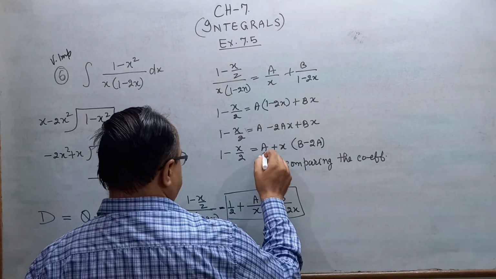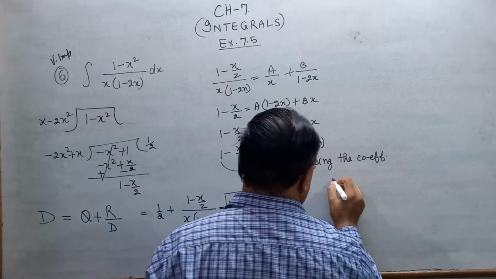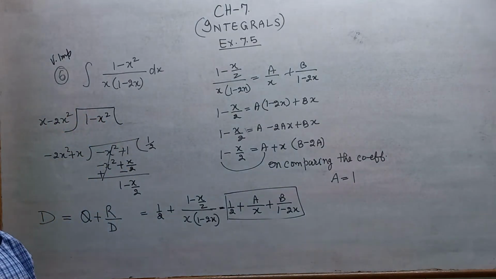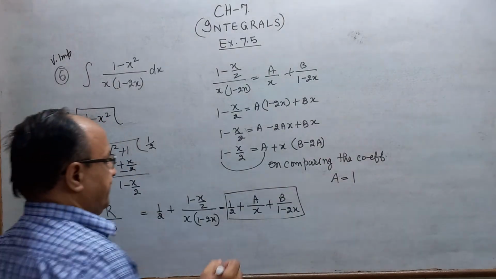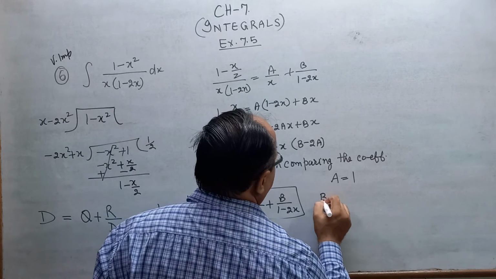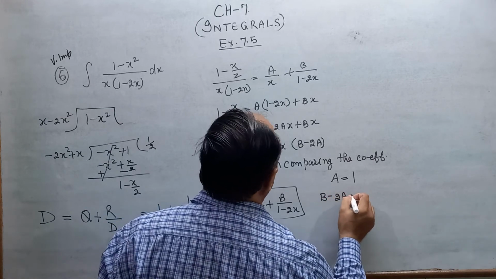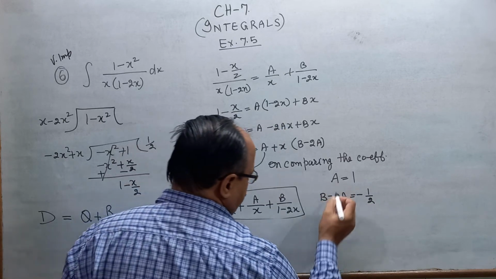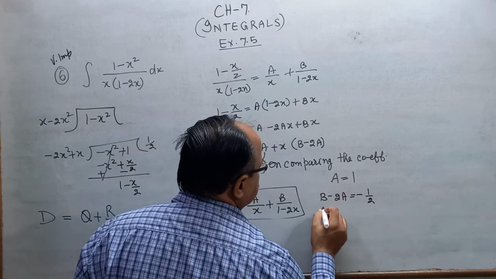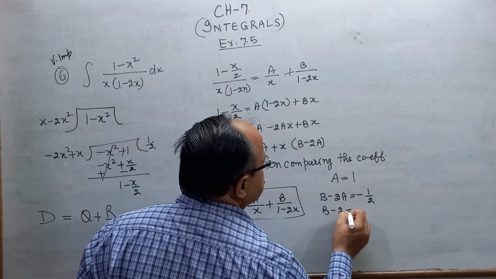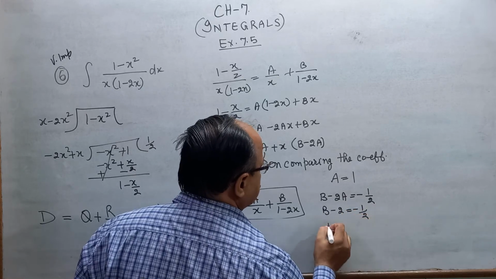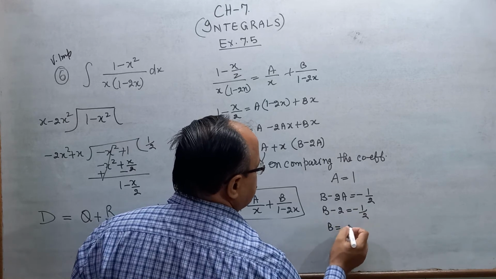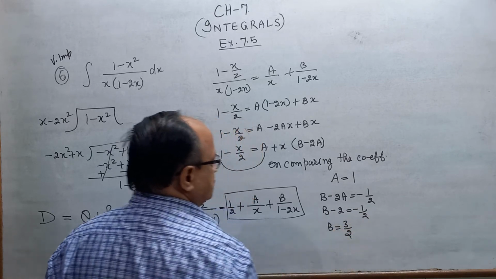Here the constant term is A and here it is 1. So you can say A is equal to 1. Now on comparing the coefficient of x, B minus 2A is equal to minus 1 by 2. Now put the value of A here: B minus 2 is equal to minus 1 by 2. Therefore B is 2 minus half, that is 3 by 2.